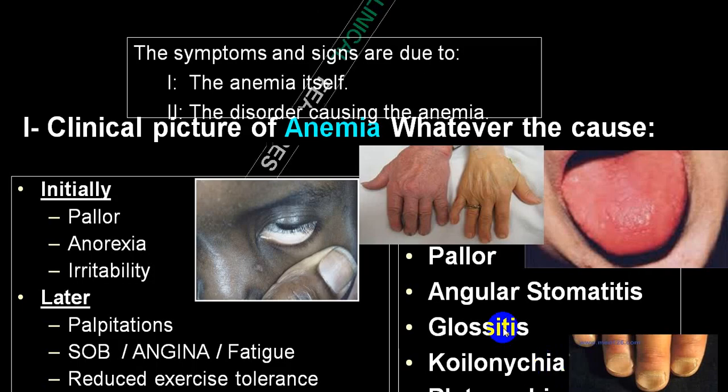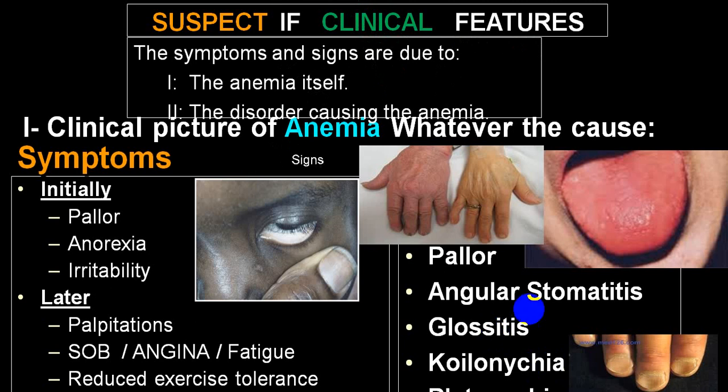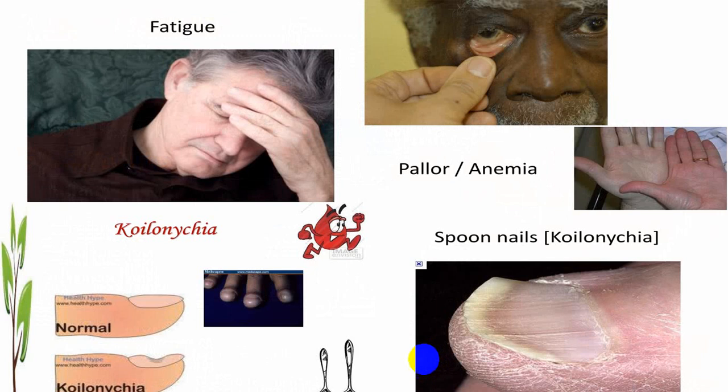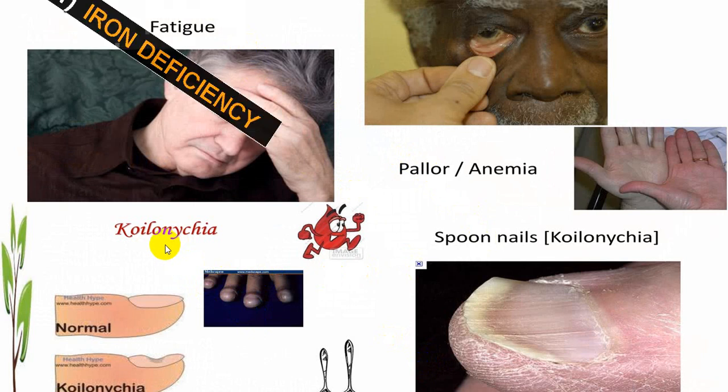Particularly if the person comes to you with pallor, angular stomatitis, glossitis, koilonychia and platynychia, do suspect iron deficiency anemia. So fatigue, pallor, koilonychia, and platynychia, suspect iron deficiency anemia.